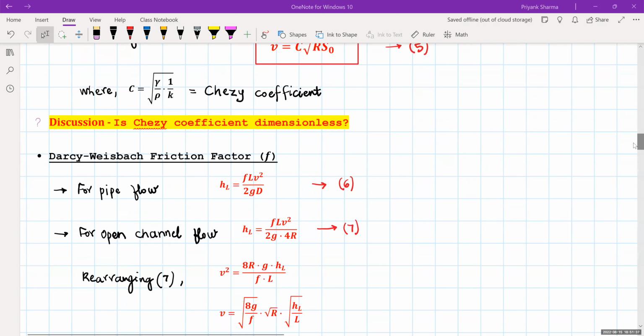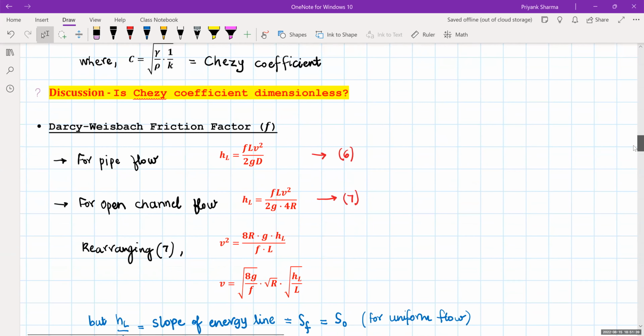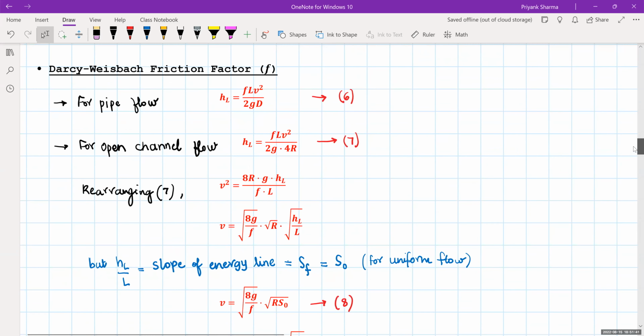Moving ahead, in pipe flow, we had a lot of discussion, or you might have studied about the Darcy-Weisbach friction factor. That Darcy-Weisbach friction factor is expressed by a very well-known equation, that is for head loss, HL equal to FL V square by 2 G D. So the F is your Darcy-Weisbach friction factor.